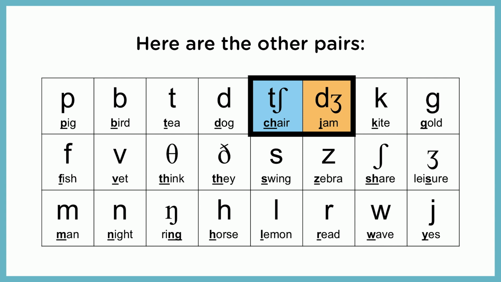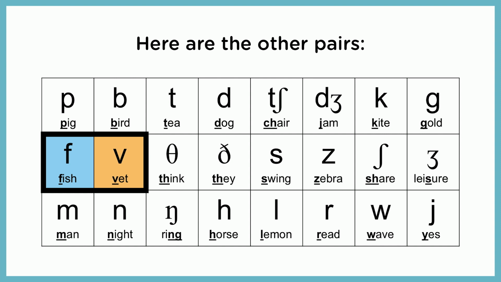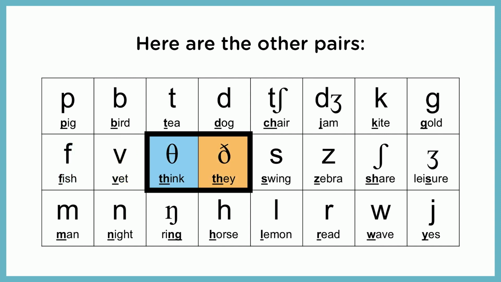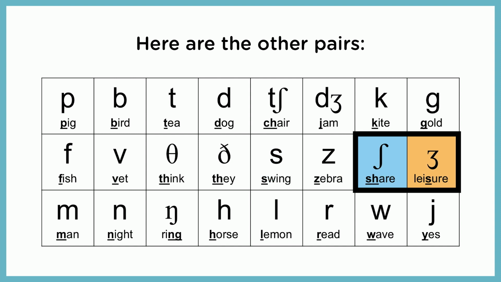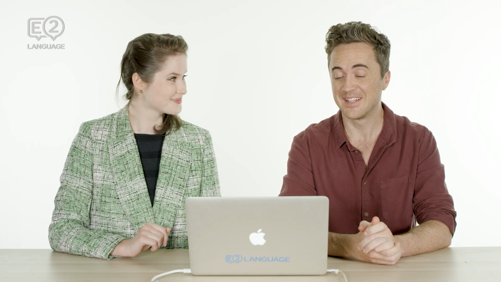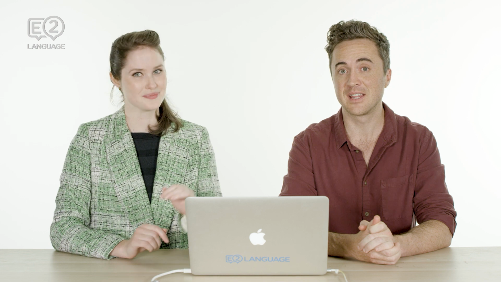We've got ch and j, k and g, f, v, th, th, s, z, and finally sh, zh. I have to say, some of those sounds are very similar, like th and th.